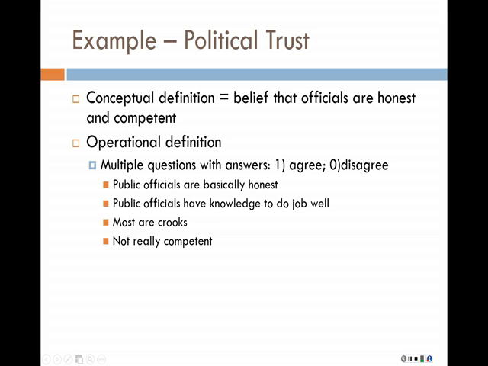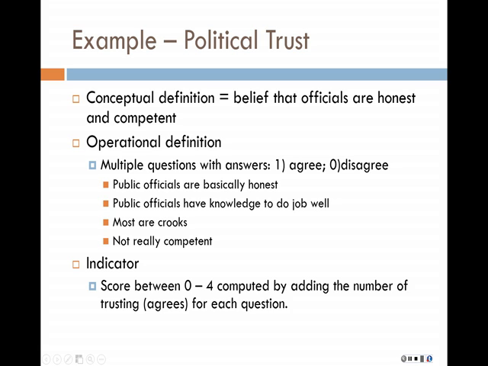Do you agree or disagree? And not really competent. 1, agree, 0, disagree. So you're asked these 4 questions. The indicator then is 0 to 4. You could have answered 0 on all of them, or you could agree with all of them. So 0 to 4 are your indicators, by adding the number of trusting agrees for each question.